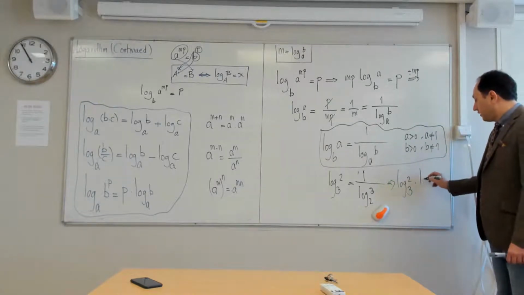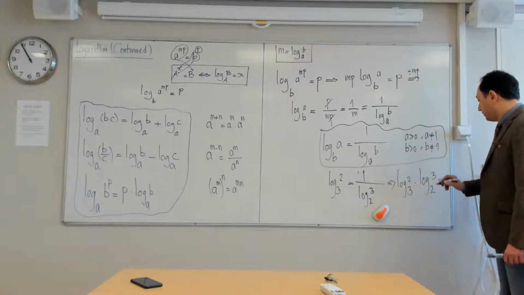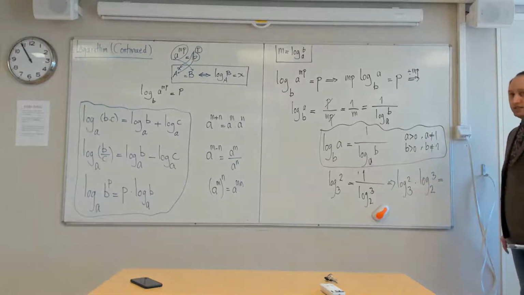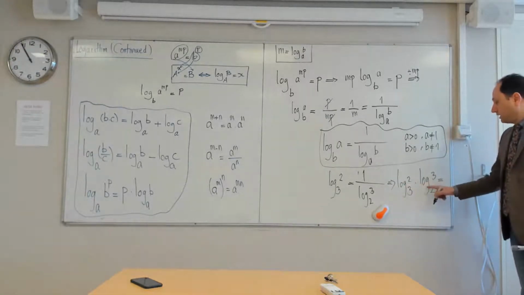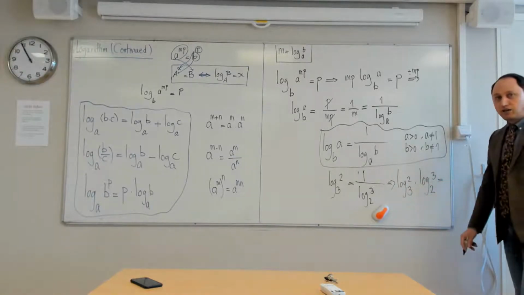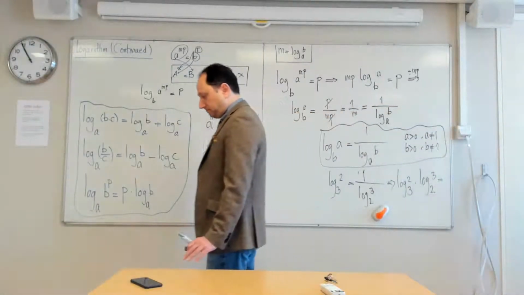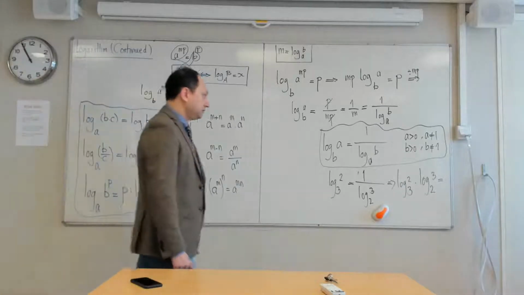But I know that if I multiply it by the log of 3 in base 2, can you tell me what would be the answer? Even though I don't know the value of this exactly, I don't know the value of this exactly, but I know if I multiply these two, I know the answer exactly. Can you tell me what the answer is? 1. It's 1. Thank you.